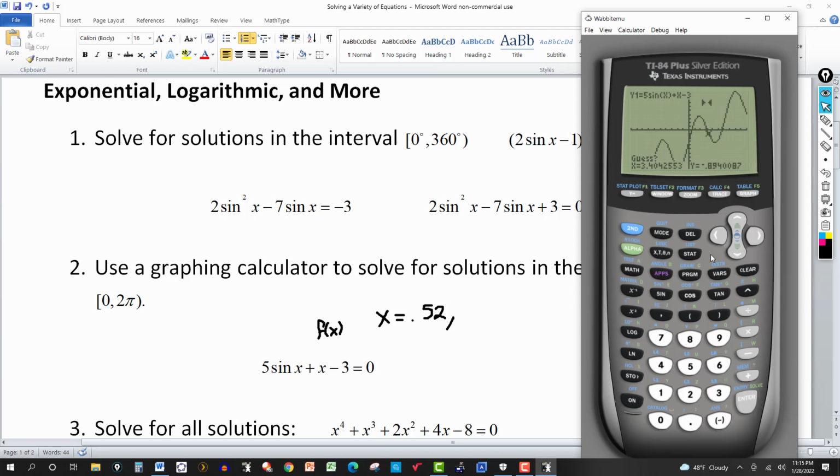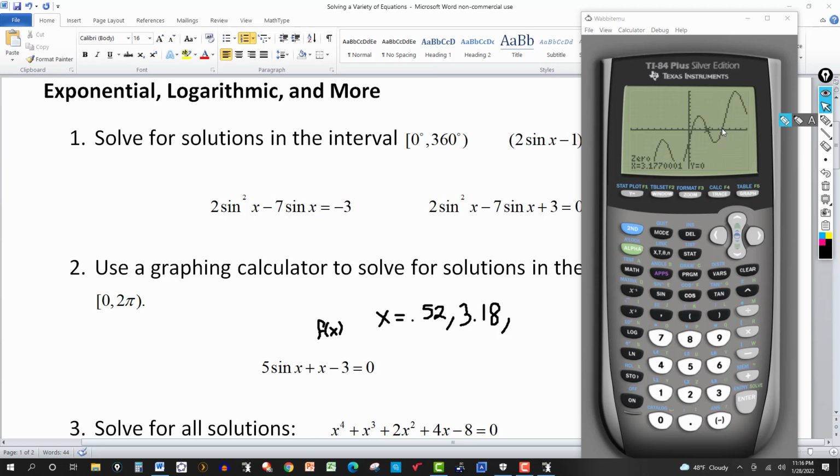Now the guess you can ignore and hit enter again. And it tells me y is 0 when x is equal to 3.177. So let's round that off to 3.18. So then another 0 or solution in this case is the value 3.18. And these are in radians.